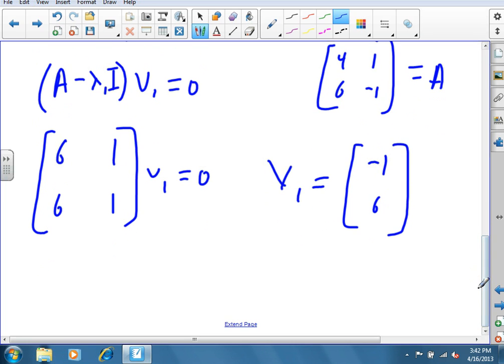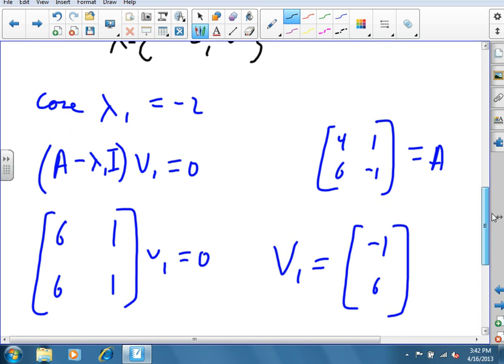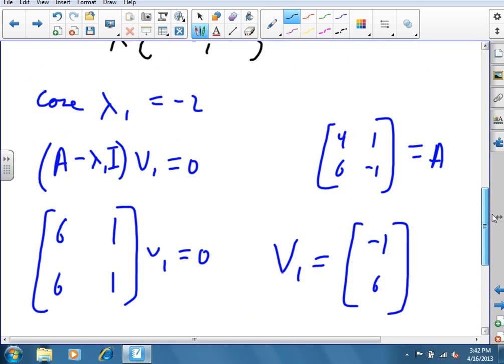Now, Annette does not like me telling you to do it by inspection because you're going to go running to her crying because you can't solve the problem, and she doesn't want to do it by inspection. She wants to do it a different way. All these problems are easy, and you should always be doing them by inspection. Lambda 2 is fine. How would you do it if it wasn't by inspection?